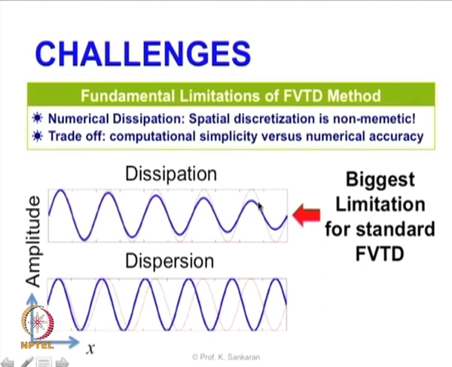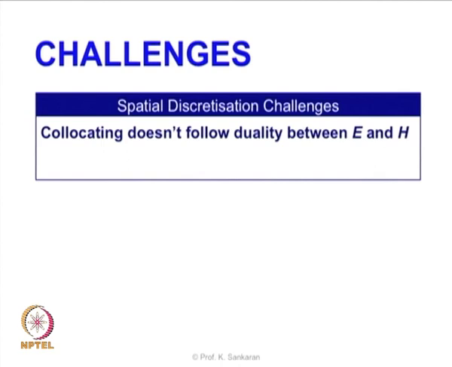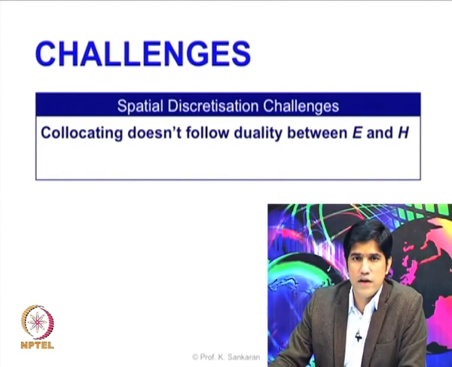So this is something that, as a numerical scientist working on computational problems, you have to make a better informed decision on what is good and what is not good for your particular problem. That being said, one way this can be understood is that, since E and H field are co-located, the co-locating itself does not follow the duality. What I mean by duality will become clear in our next module on algebraic topology and other topics.